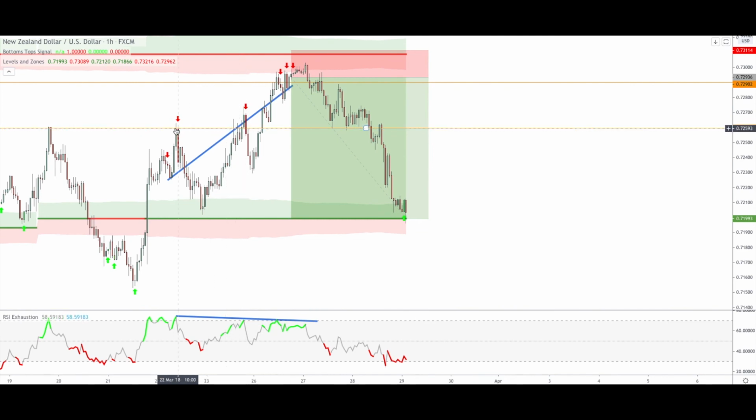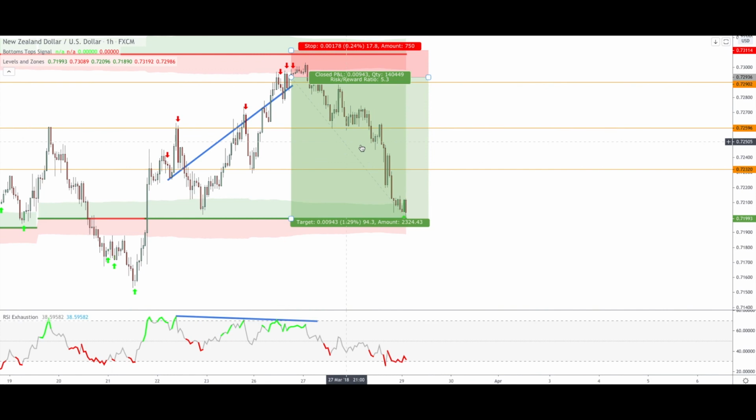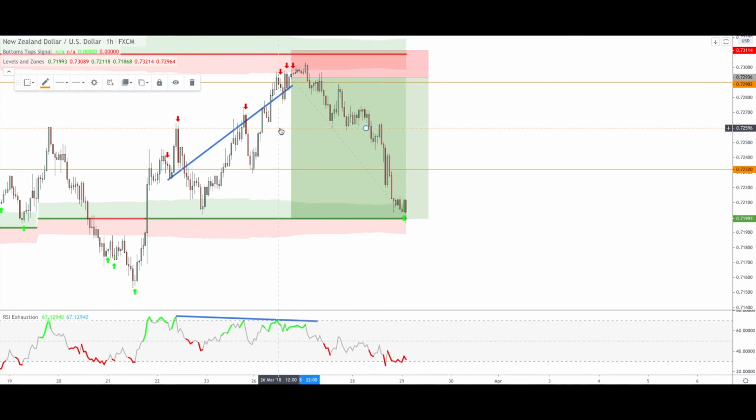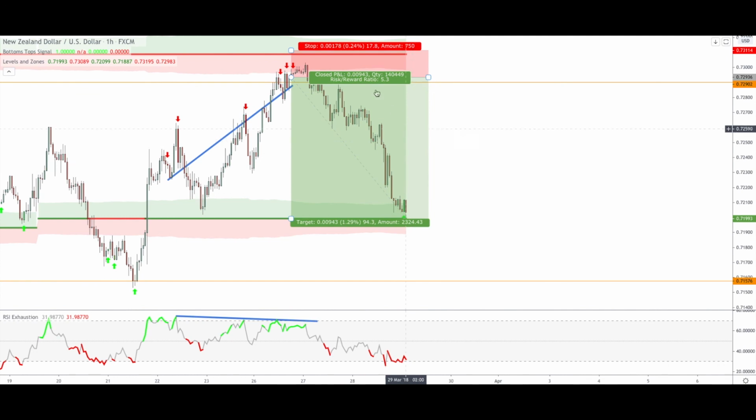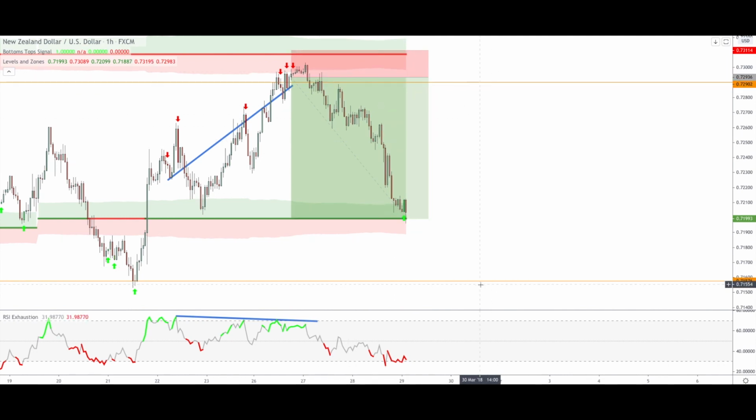I can see some structure here, or maybe down here I see some structure, and so you can set the target at these levels. Or maybe you can go even lower and be more aggressive in this case. So you can say, okay, I want the price to go this low. Of course, you are gonna get a much better risk reward, but to me that is a bit too risky.